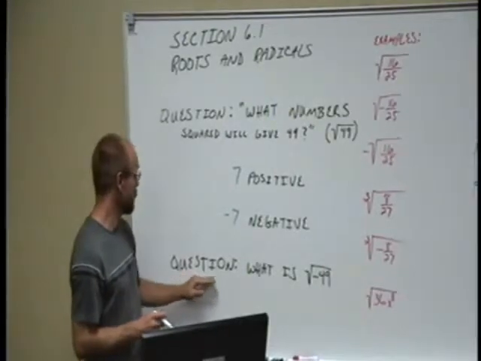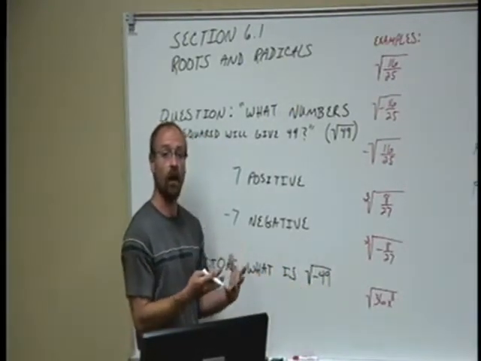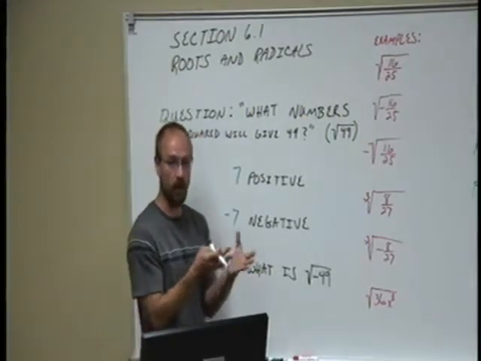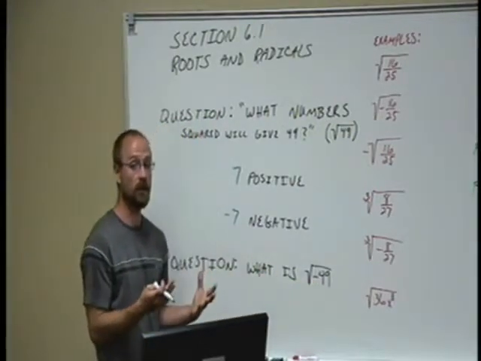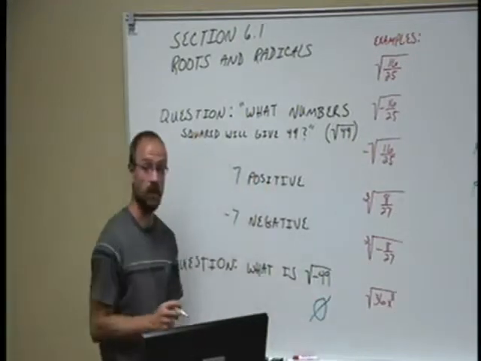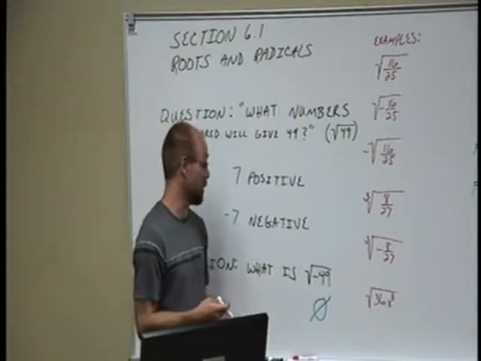But what if it asks us, what is the square root of negative 49? What number multiplied by itself would give me negative 49? Well, in the real number system, our solution to this is no solution, because there is no real number that when multiplied by itself will give us a negative number.